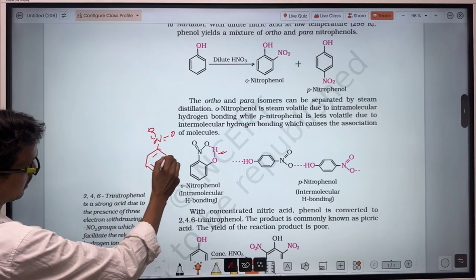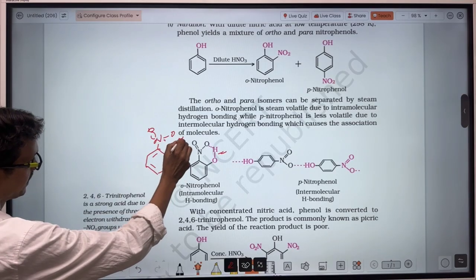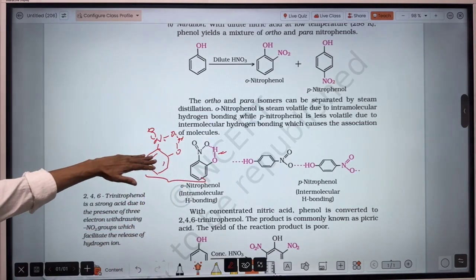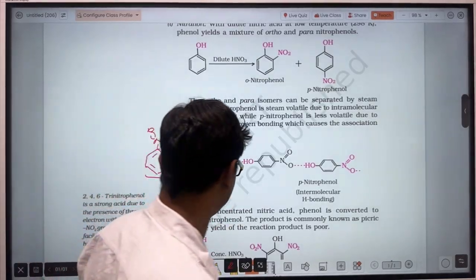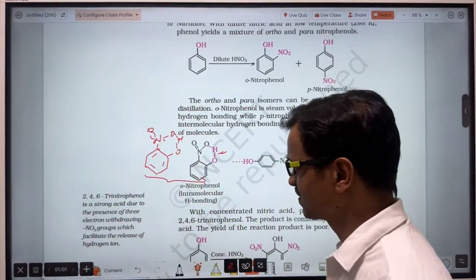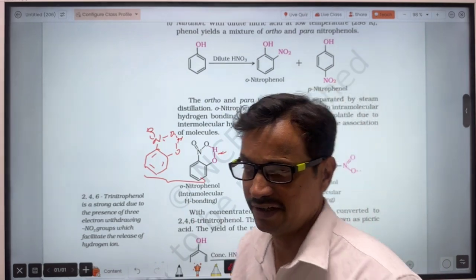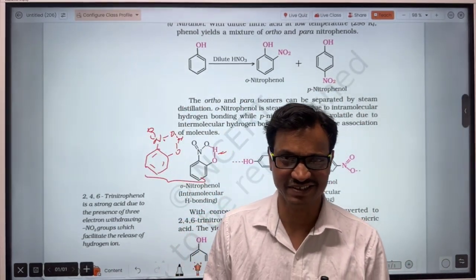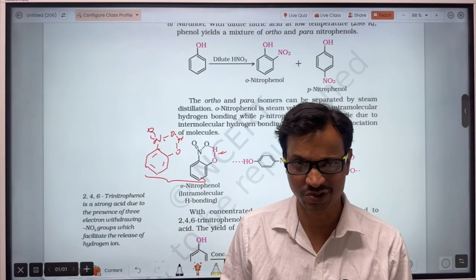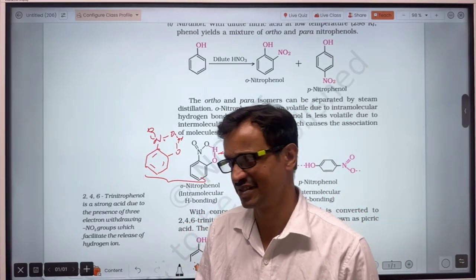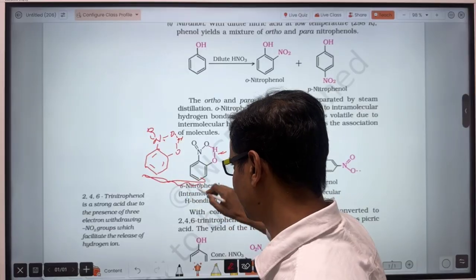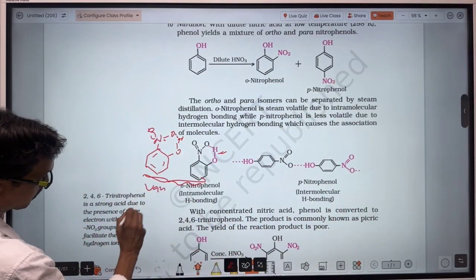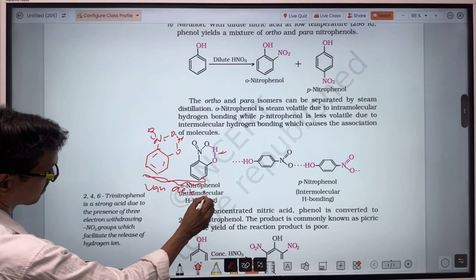Since the hydrogen has already been involved in hydrogen bonding, between these two orthonitrophenol molecules the van der Waals force of attraction will operate, about which you already know that van der Waals force of attraction is the weakest force of attraction operating between molecules. So here their boiling point will be very low. They will be bonded with each other through van der Waals bonding.